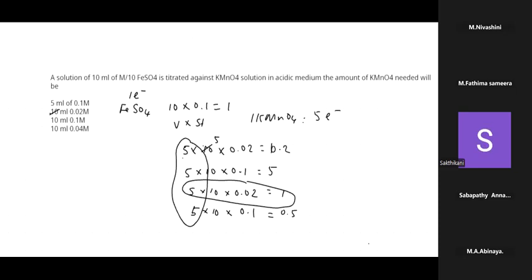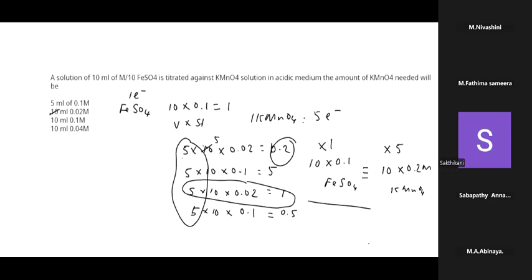Therefore, 10 ml of 0.1 molar ferrous sulfate is equivalent to 10 ml of 0.2 molar KMnO4 because this produces 5 electrons. This consumes 1 electron. Therefore, if you multiply on this side also it is 1, on that side also it is 1. This is how the equivalence is calculated. I suppose you understand this problem.